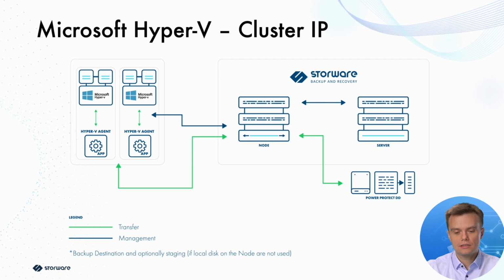The only difference here is that from the provider perspective, you have to choose specifically that you need to add a manager, technically a manager that holds a list of hypervisors. Once you have installed the agents, you need to provide a single cluster IP Hyper-V manager inside Storware Backup and Recovery, and all of the hypervisors will be detected during the inventory synchronization.